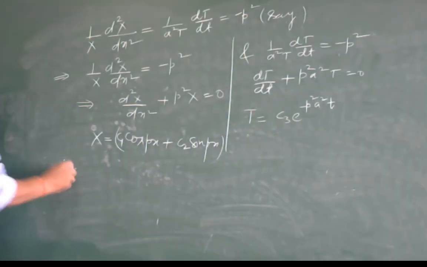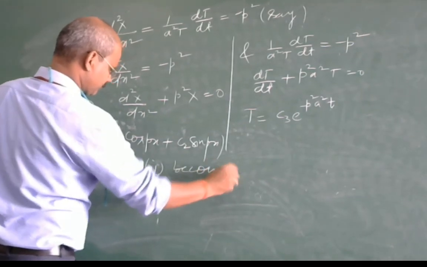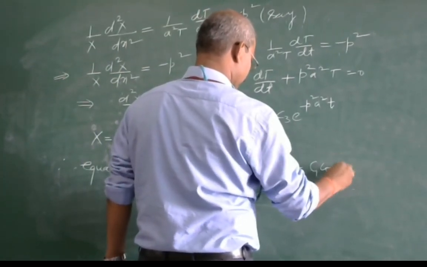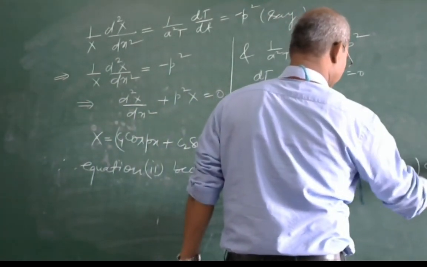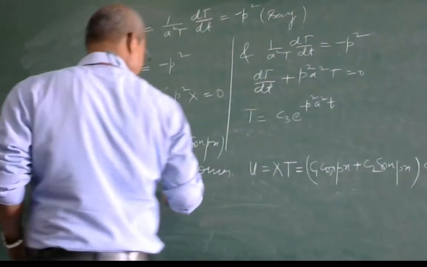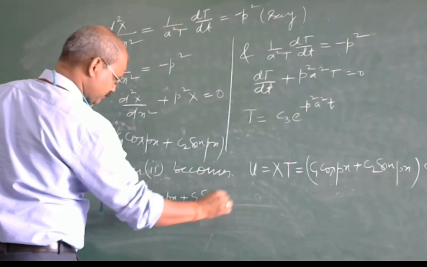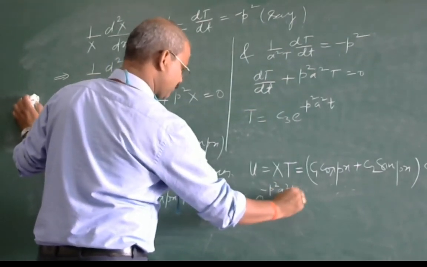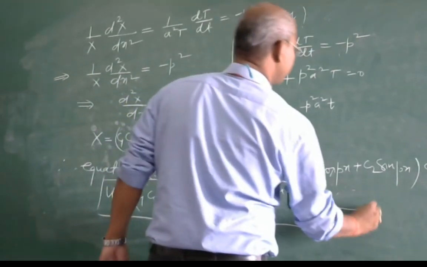So equation 2 becomes u equal to X T. Again we can write u equal to (c1 cos px plus c2 sin px) times c3 e to the power minus p square a square t. This should be equation number 4.